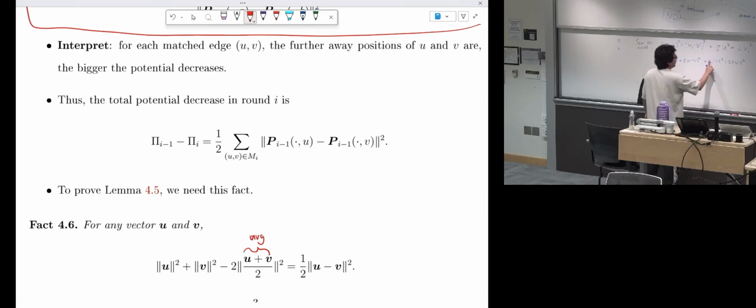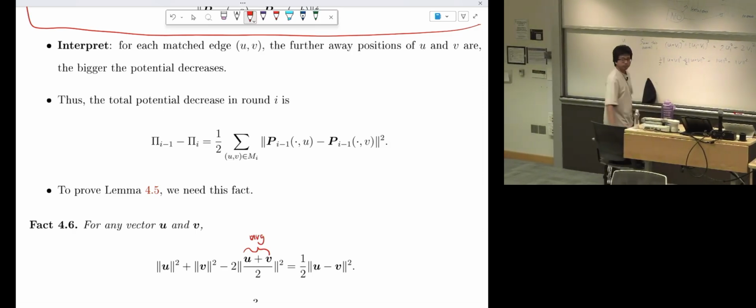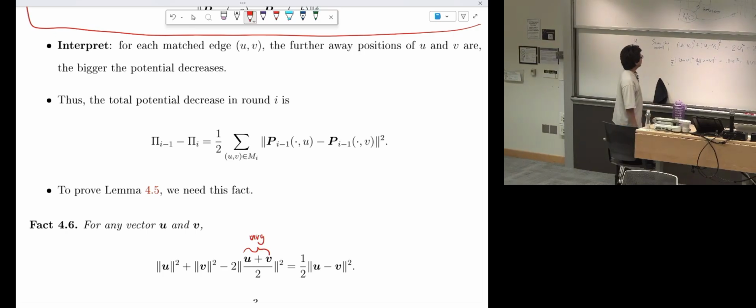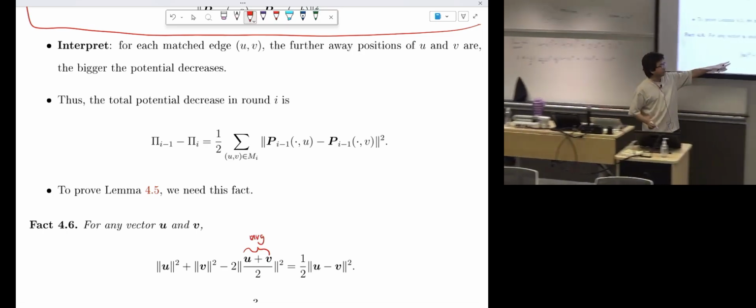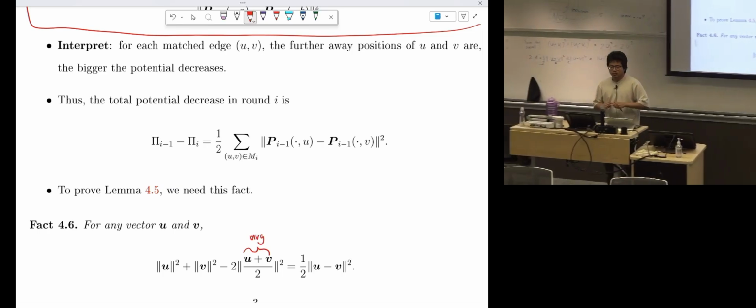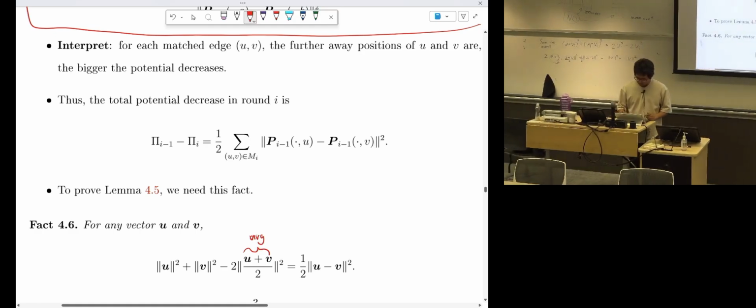Now I can scale down by half, take this 1/2, and then I need to multiply by 4. So that's it. Now I just rearrange to get this thing. So how do we use this fact?